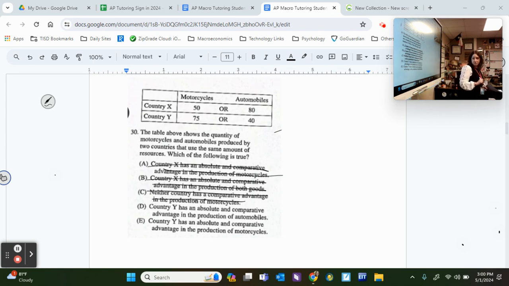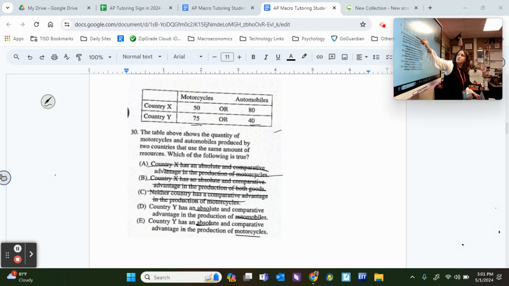So either country Y has an absolute and comparative advantage in automobiles, or country Y has an absolute advantage and comparative advantage in motorcycles. I could do the math, but it's talking about absolute for automobiles or motorcycles. Going back to Y, country Y can make 75 motorcycles and 40 automobiles.